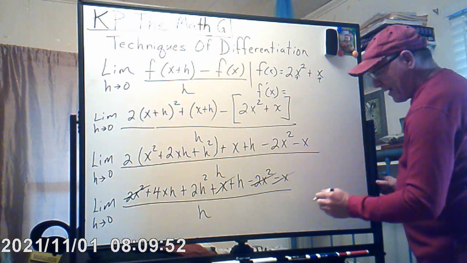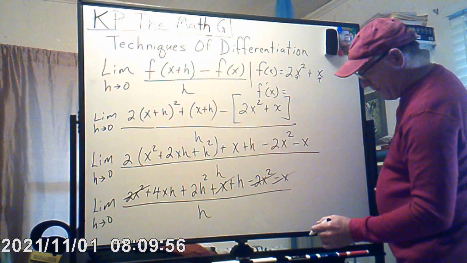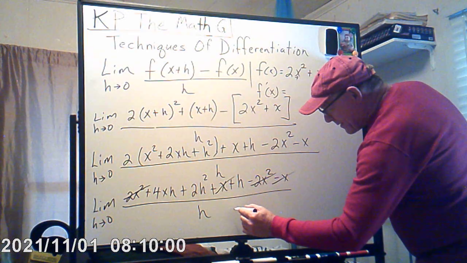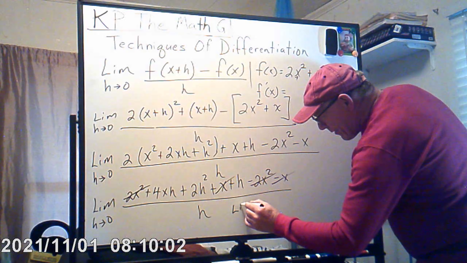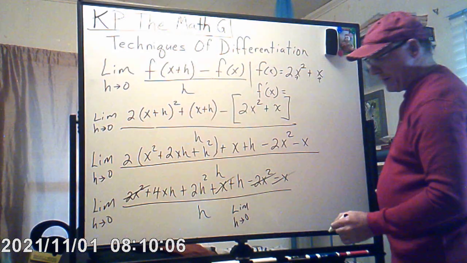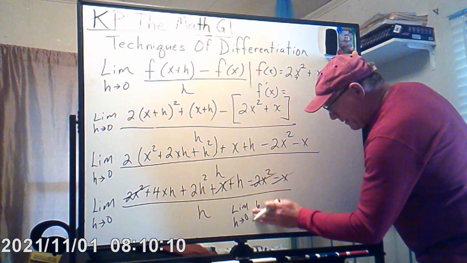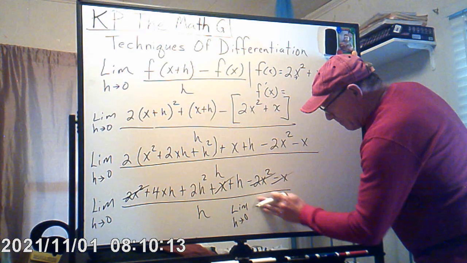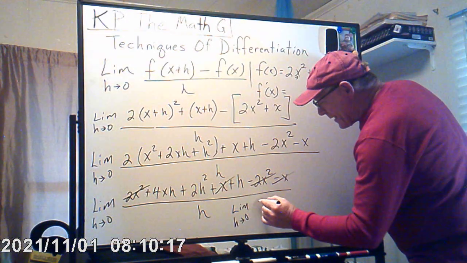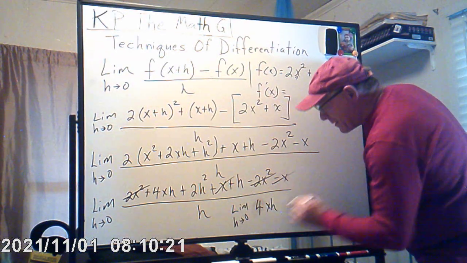Let's see if we can, where are we going to put it? I think we got enough room. We're going to squeeze it in down here, guys. The limit as h approaches 0. You have to understand it's early in the morning for us here, and I sometimes don't operate well early in the morning.